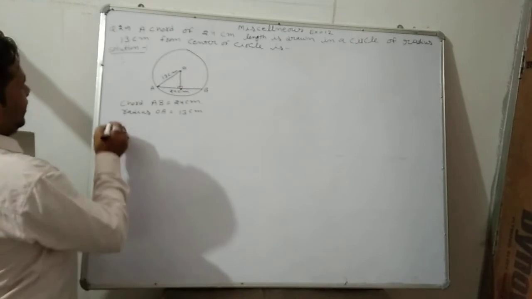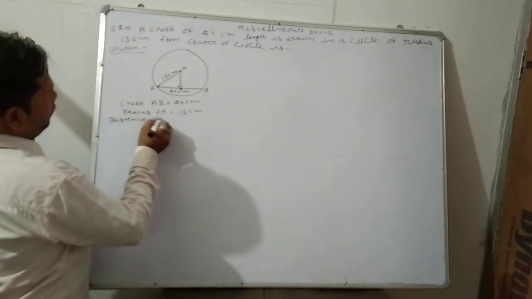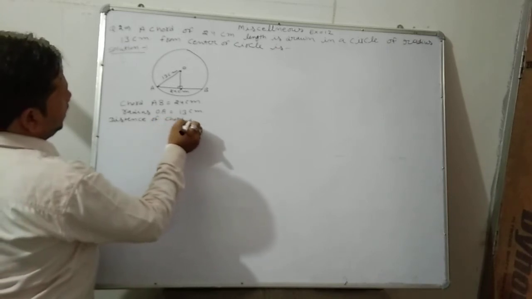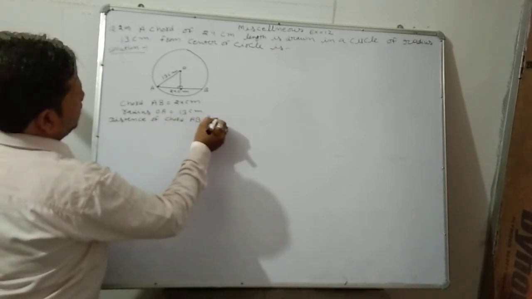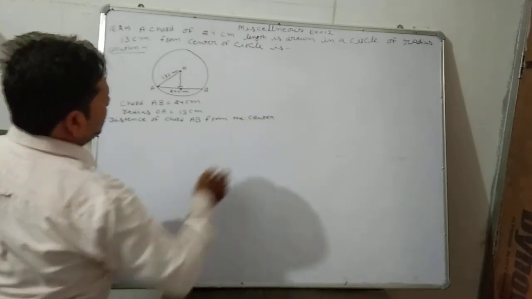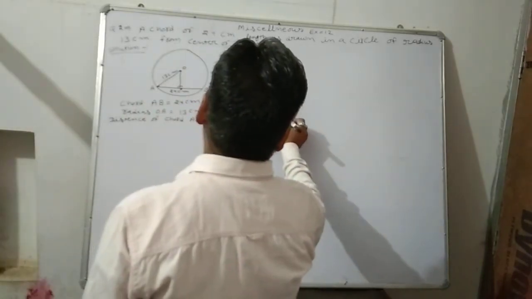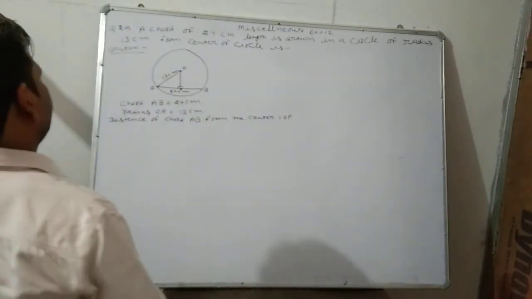Clear? And the distance of chord AB from the center is OP. OP is our target.